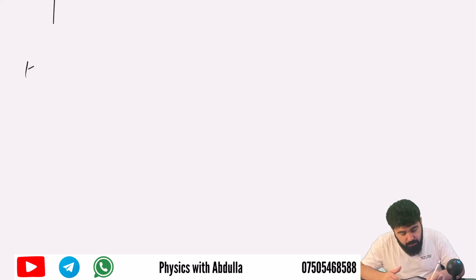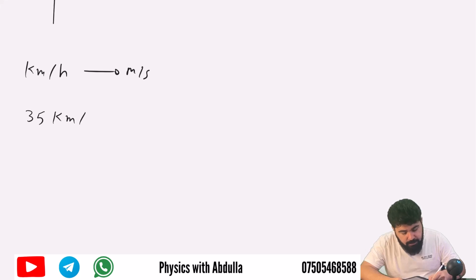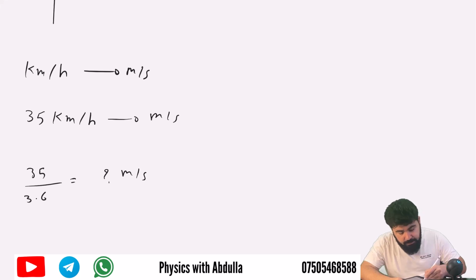When we want to change kilometers per hour to meter per second, we have to divide the number. Let's say we have 35 kilometer per hour, change that to meter per second. Just divide the number by 3.6, okay, and you get the final result in meter per second.